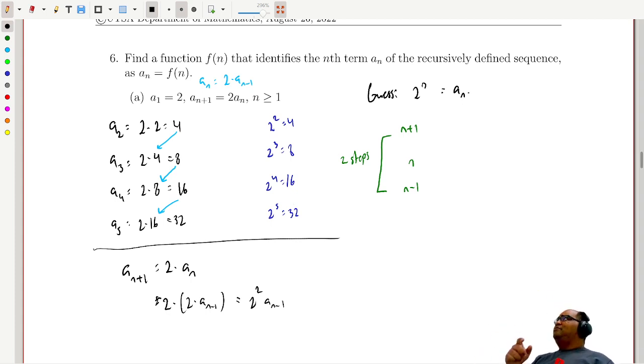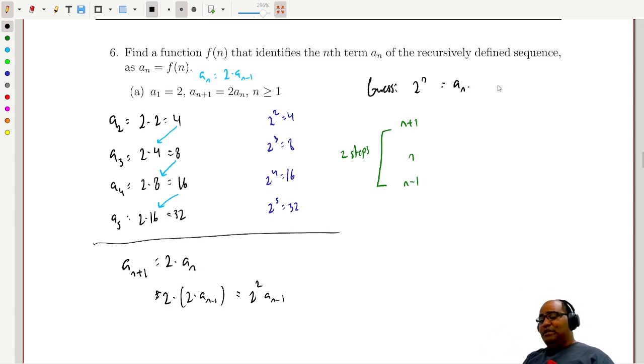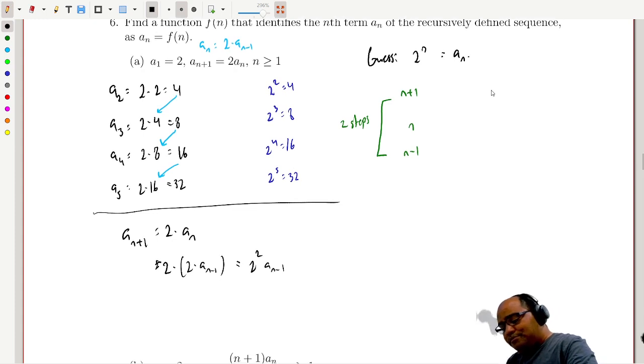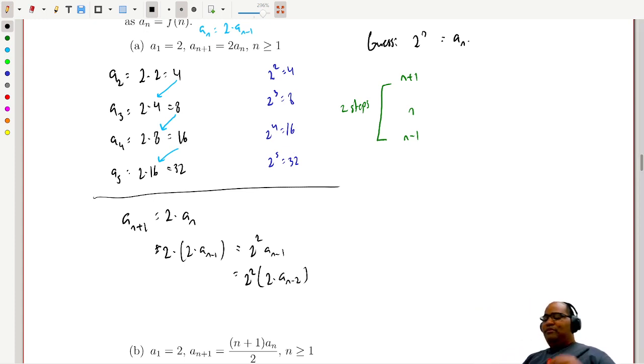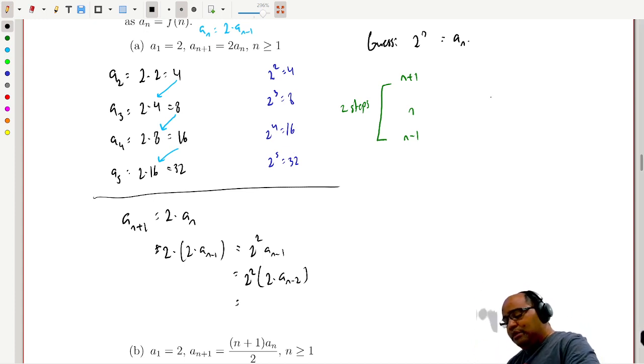Can I go back another step? You bet. If I go down another step, I have 2 squared times a_{n-1}, which is 2 times a_{n-2}. a_{n-2} is 3 steps from n+1. I have three 2's. So I can inductively continue this procedure.